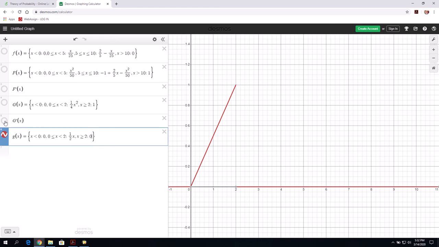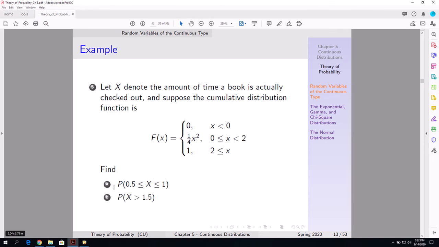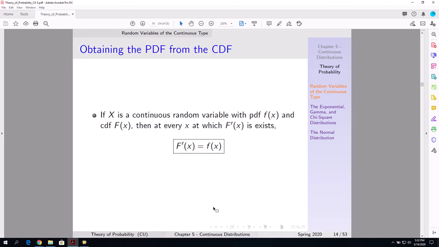That is exactly the same thing we got when we took the derivative of this cumulative distribution function. Isn't that amazing? Same exact thing. That's fascinating to be sure.